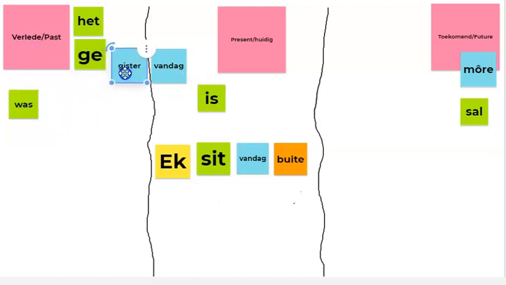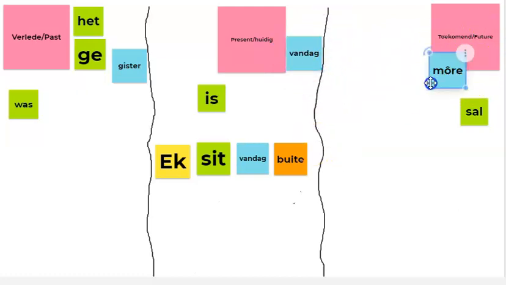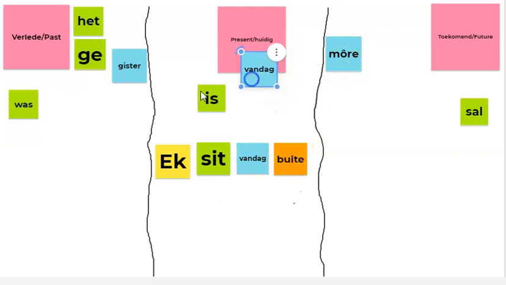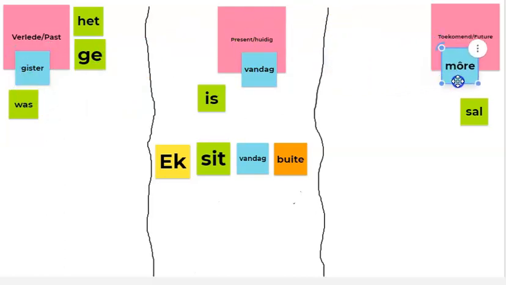If they go back in time, vandag changes into gister. And if you throw vandag into the future, once it touches the border with tomorrow, it becomes môre. So remember that these words will always change: present tense uses the word vandag, past tense uses the word gister, and future tense uses the word môre.